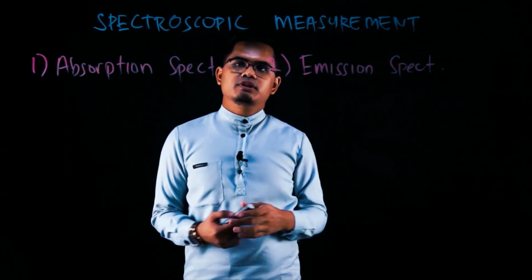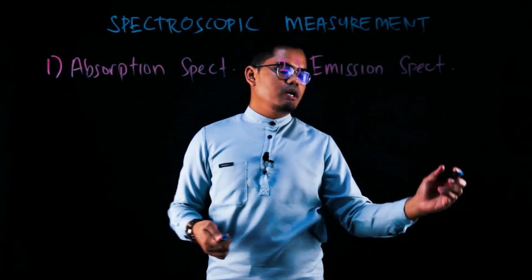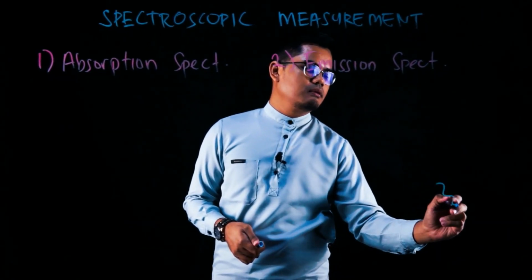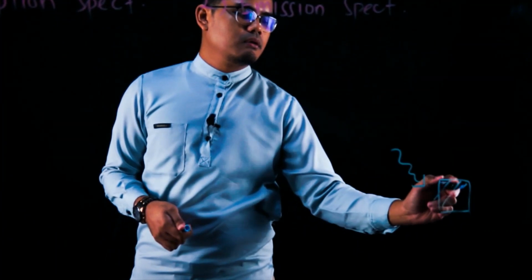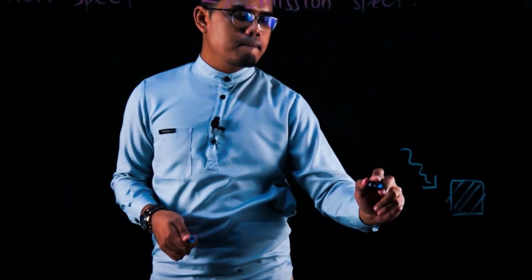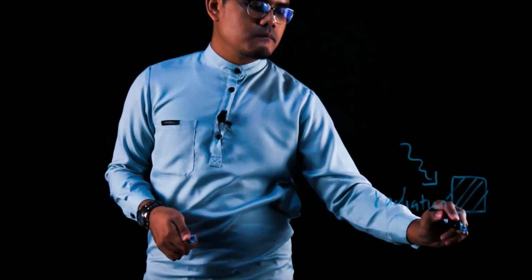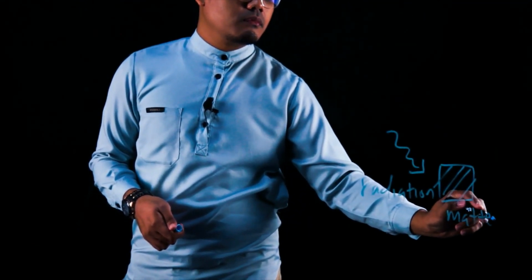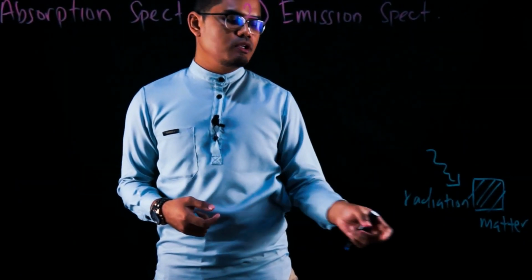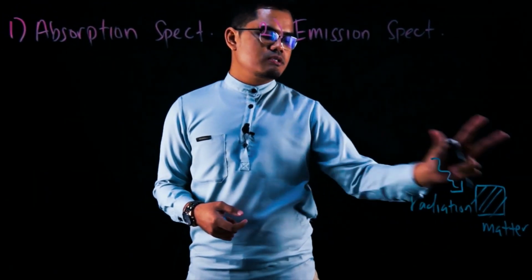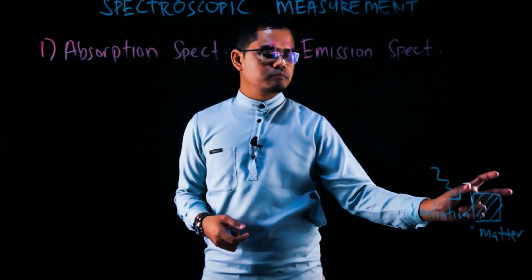By definition, spectroscopy is the interaction between radiation and matter. So spectroscopists, or people who study the interaction between radiation and matter, use this interaction to obtain information about the sample.